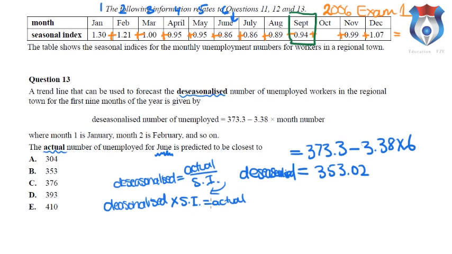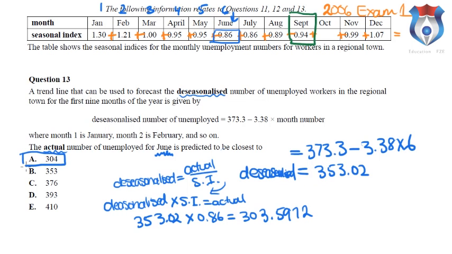So using these figures, I'll have 353.02 times the seasonal index, which for June was 0.86, and that will give me the actual, which is 303.5972. My answers have been rounded to whole numbers here, so what's 303.5972 rounded to a whole number? 304. So the answer is A.